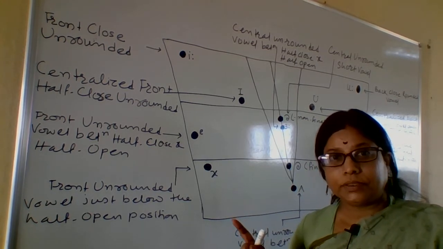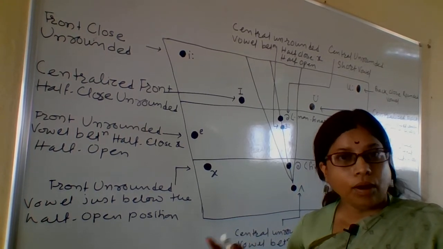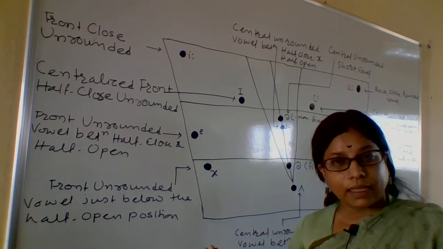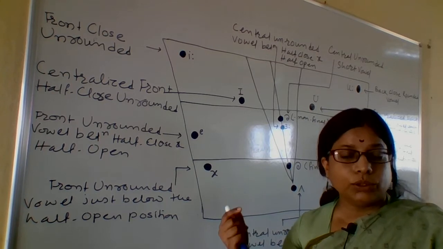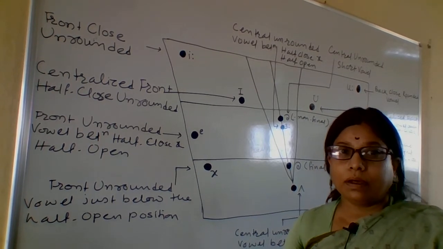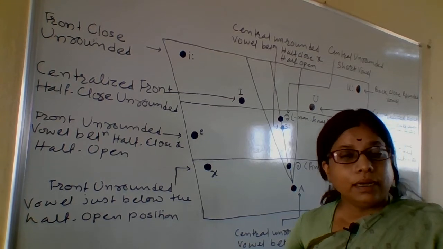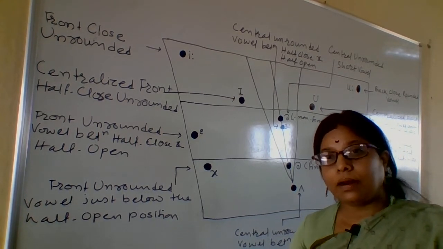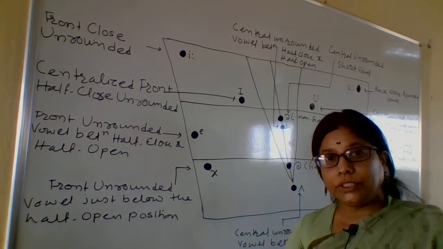Position of the lips decides whether a vowel is rounded or unrounded. As for example, in case of u, the lips are rounded, so u is a rounded vowel, but in case of a or e, the lips are unrounded, so these vowels are unrounded vowels. So one label is given depending upon the position of the lips.